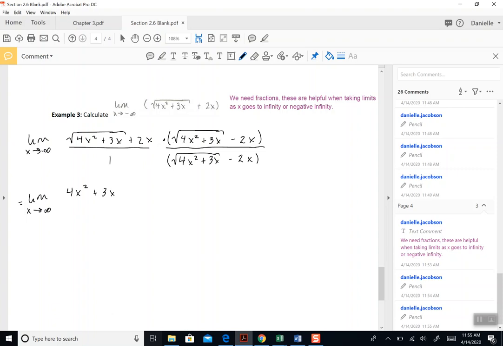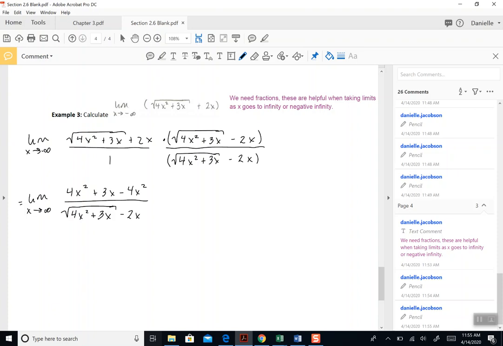So I know those two terms zero out, and now I'll multiply my last terms. So 2x times negative 2x would be a minus 4x squared. I'm already pretty happy with how that works. All right, so in the denominator, I am left with 1 times root 4x squared plus 3x minus 2x.